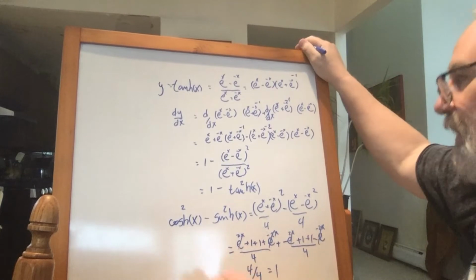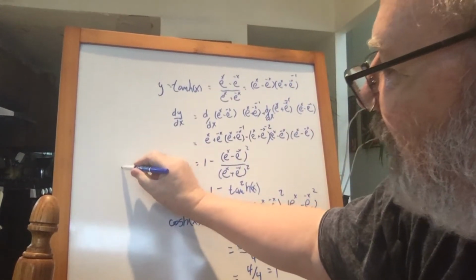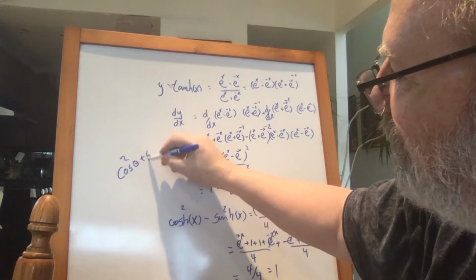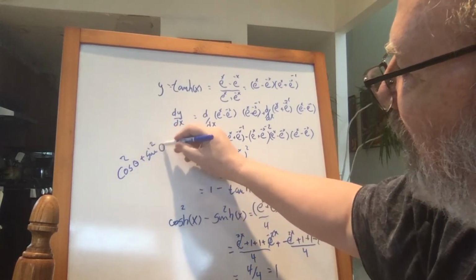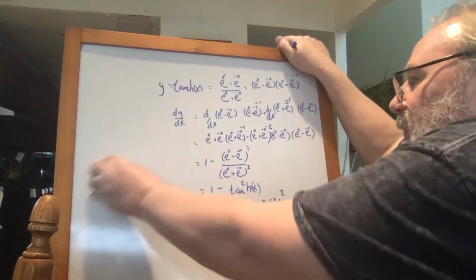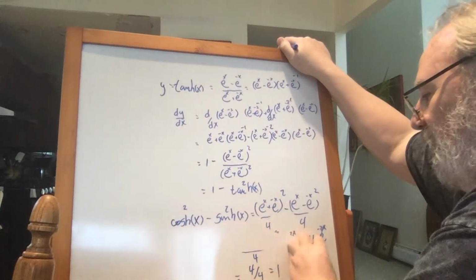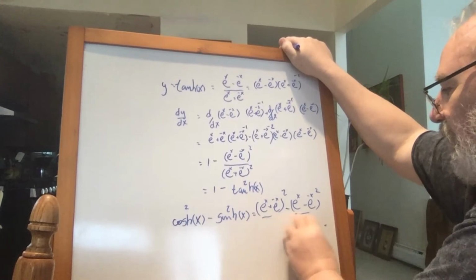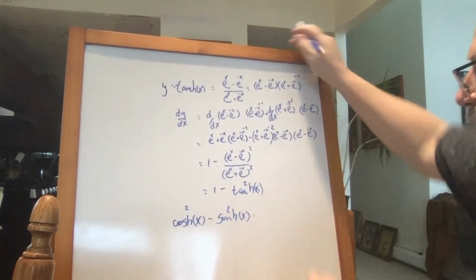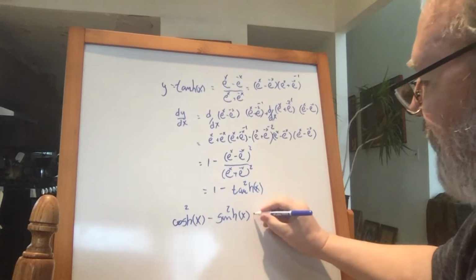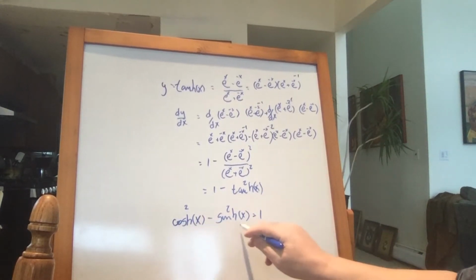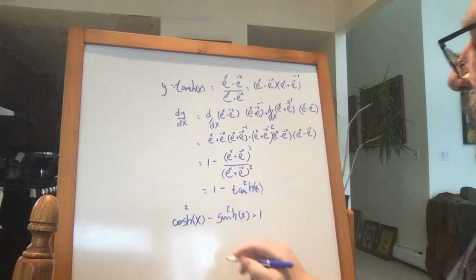So now it's like the analog to cosine squared theta plus sine squared theta equals 1. It's the hyperbolic equivalent. So cosh squared x minus sinh squared x is 1.